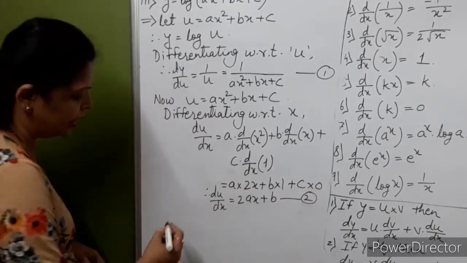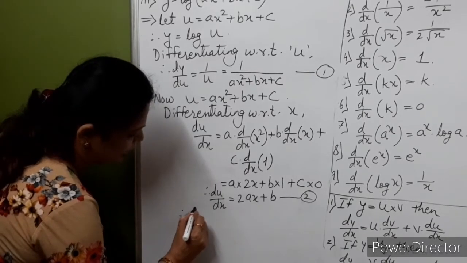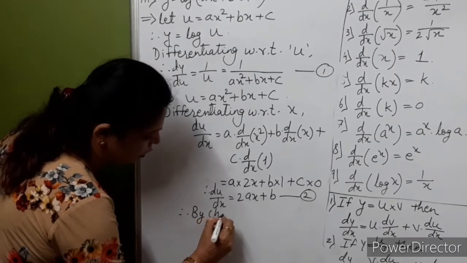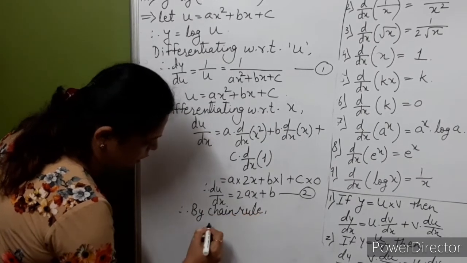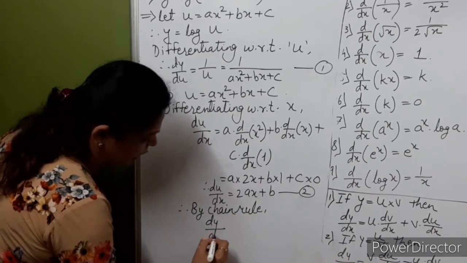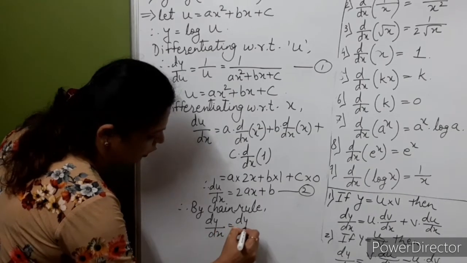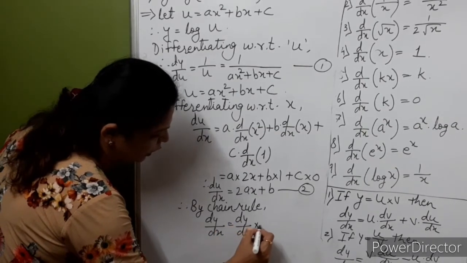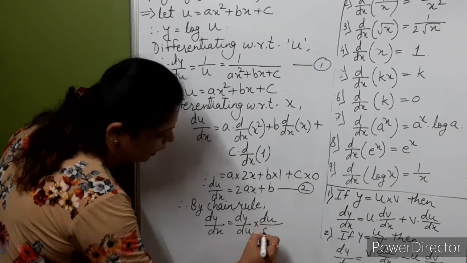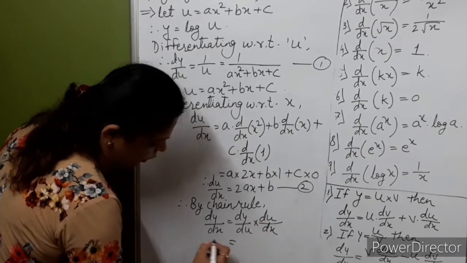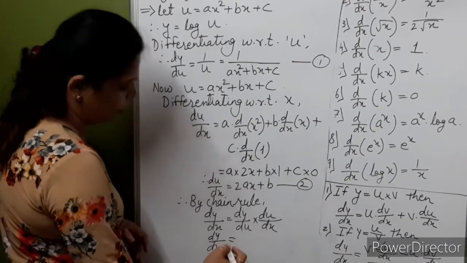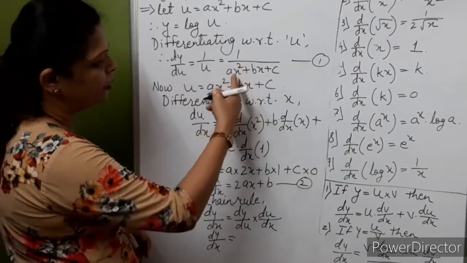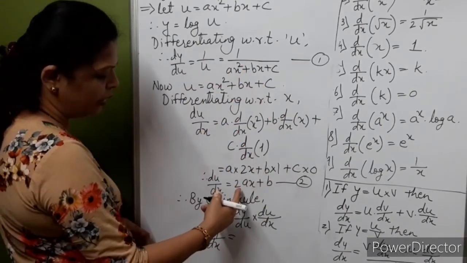Now apply the chain rule. Therefore, by chain rule, dy by dx is equal to dy by du into du by dx. So dy by dx is equal to, how much is dy by du? 1 upon this term and into this.